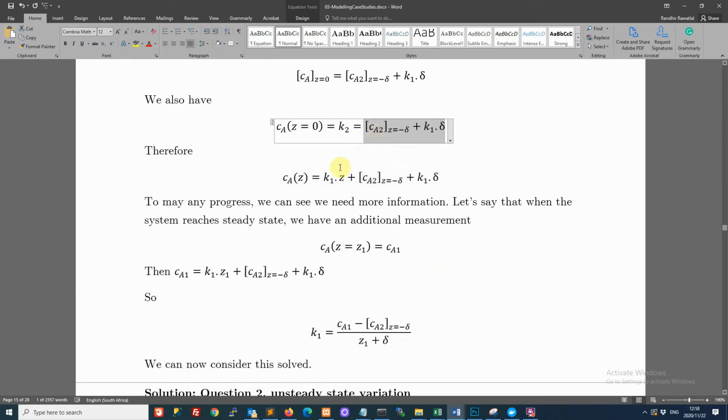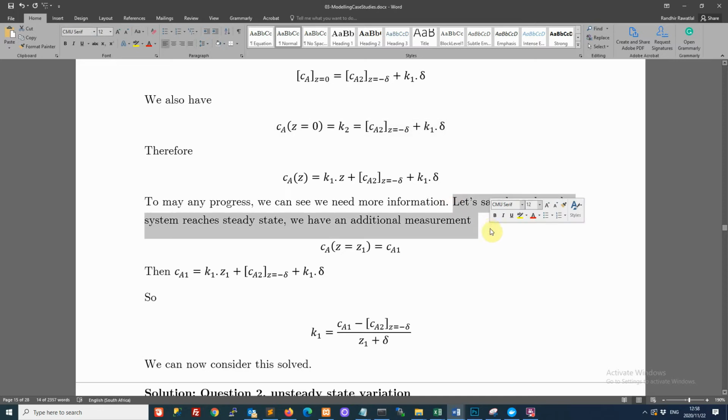Now we need one other piece of information to solve this. Let's say our system reaches steady state, and we simply have available another measurement. So let's say we have at z equals z1, where z1 is some position inside the compartment.